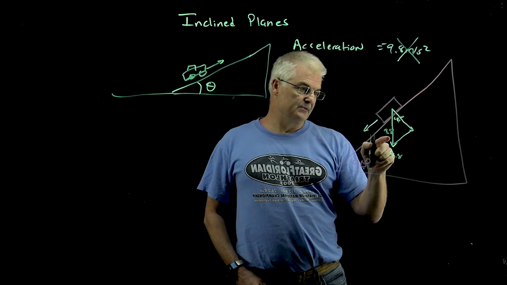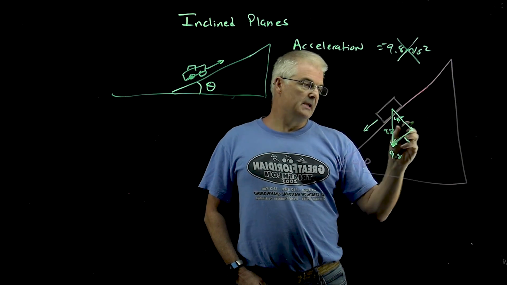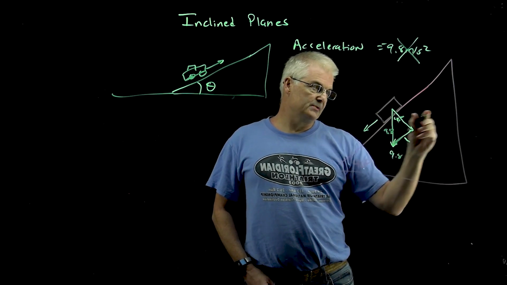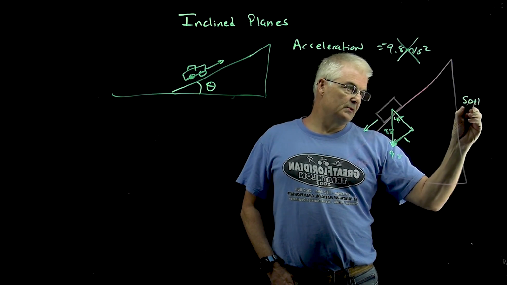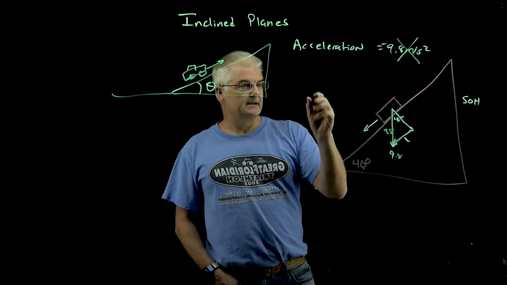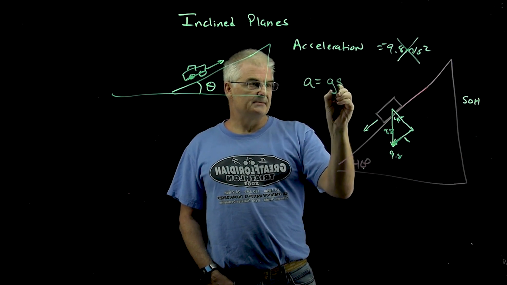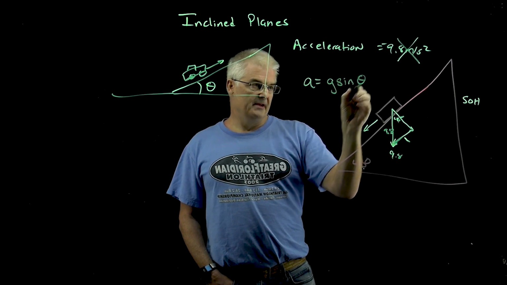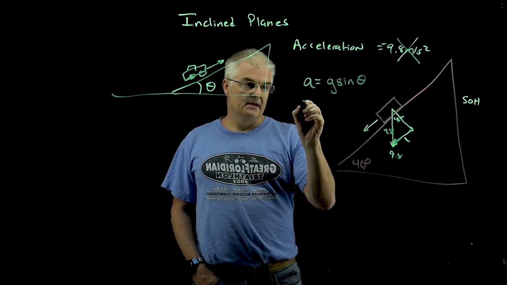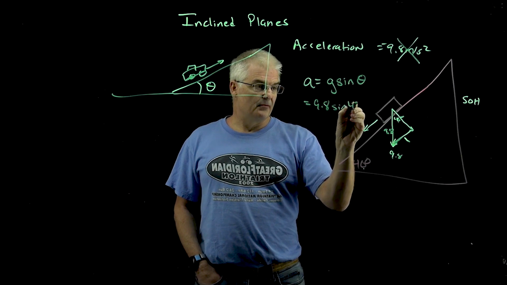And so the acceleration is this component here. Since this is the 40 degrees, and this is the opposite and the hypotenuse, that's the SO from SOHCAHTOA. So it turns out the acceleration on an inclined plane is going to be g times the sine of theta. In this particular case, assuming we're on the Earth, it'll be 9.8 times the sine of 40 degrees.